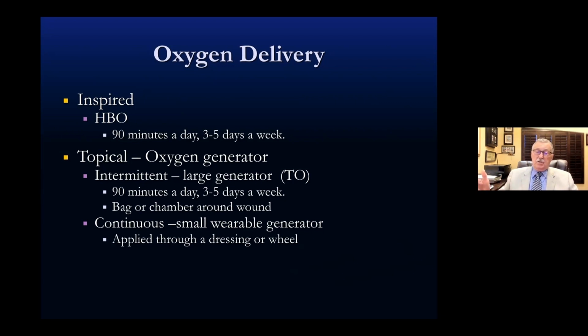That oxygen is then piped into a bag or a chamber that encompasses the wound to create an oxygen-rich environment. Continuous is a small wearable generator applied through a dressing or a wheel. So these are the different systems to increase oxygen to the area of a wound to promote healing.